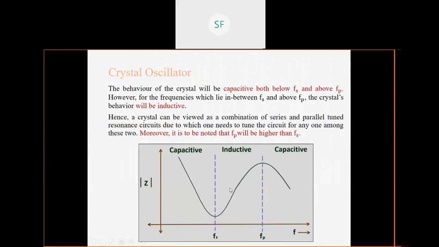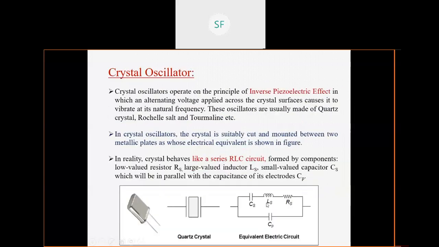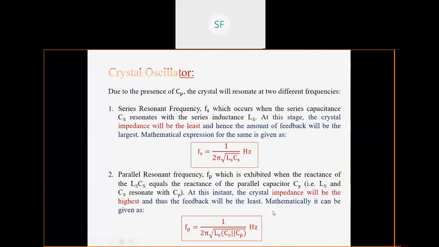Now this diagram is also important. This is basically a graph between frequency and impedance. Z is nothing but the impedance offered by your circuit, that is, the impedance offered by this equivalent circuit.